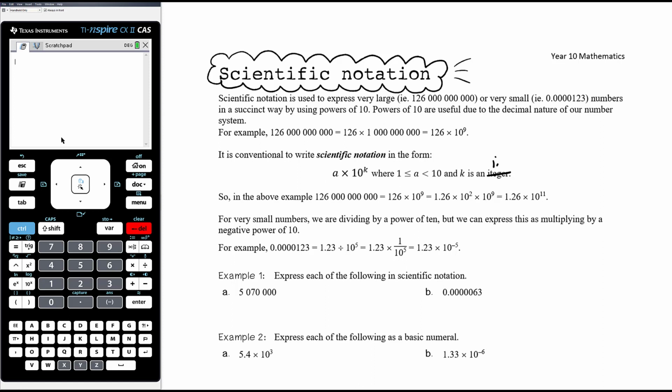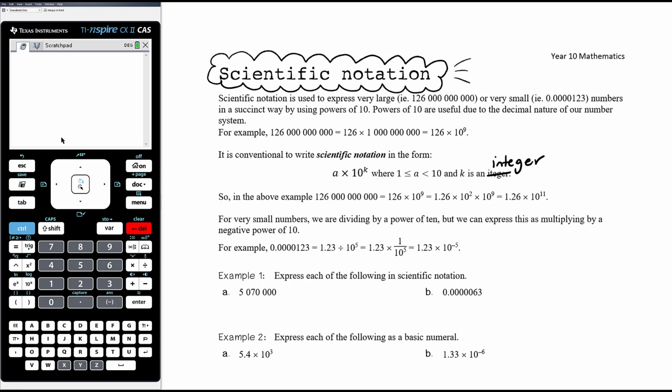That should be integer, not integer. Integer being a positive or negative whole number, okay? So it can't be a fractional or a decimal up there. So 10 to the power of an integer, positive or negative whole number. And this number should be between 1 and 10, inclusive of 1 but less than 10.